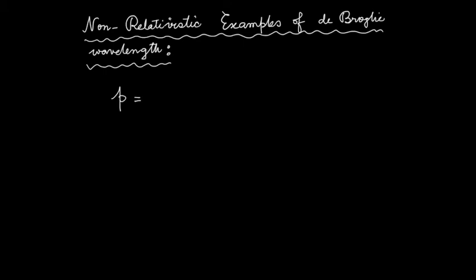So the momentum of such a wave is related to the energy of the wave in the following way. Kinetic energy E is given by P square by 2m. So this implies that P is root over 2m times the kinetic energy.